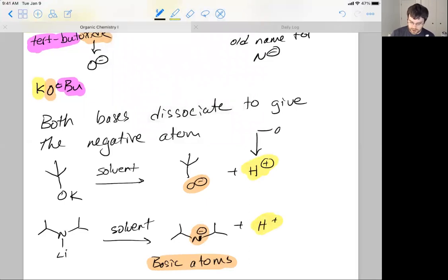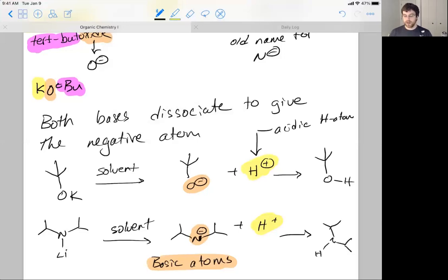We're not going to actually use H+ at all for these reactions, but I just wanted you to see that what we're going to do is let our E2 base dissociate to form the free anion. I'm drawing this a little rotated. And then that free anion will find a hydrogen atom to combine with to give our H-base.